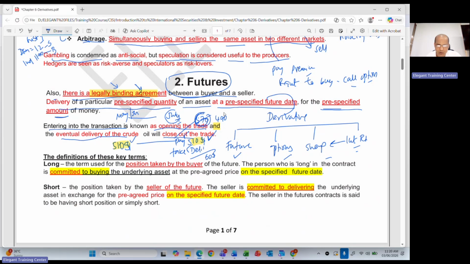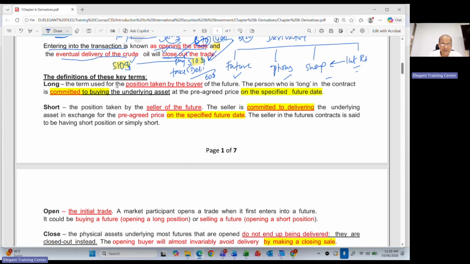But if the price is 490, you cannot say I don't want it. You still have to make the payment of 510 and take delivery. So you lose $20. When you square up the transaction, that's called closing out. So, opening the trade and closing the trade.